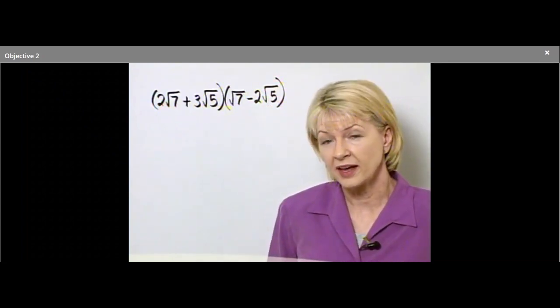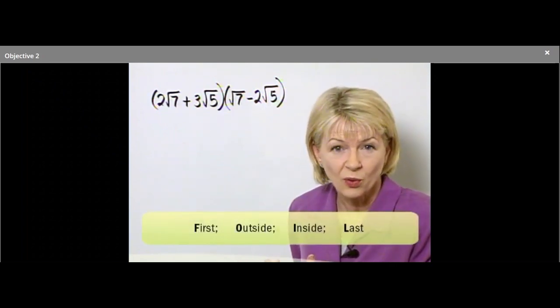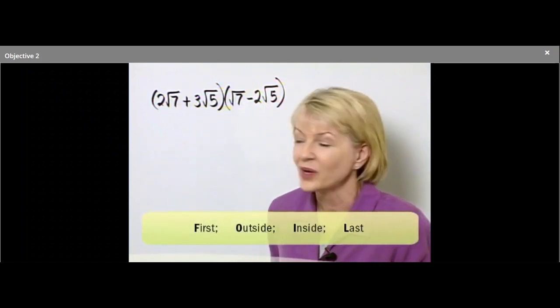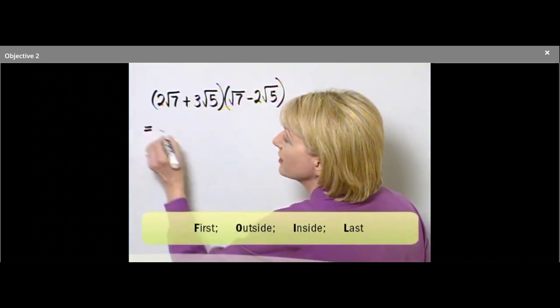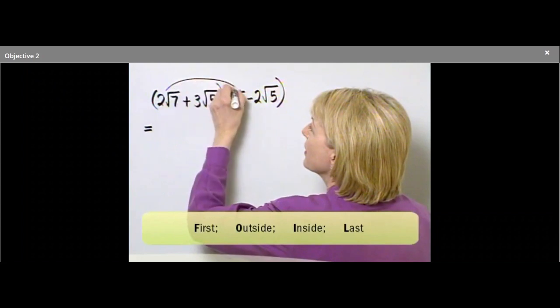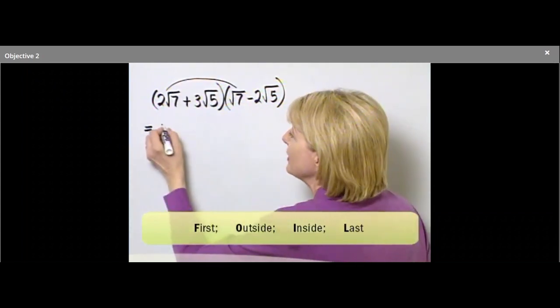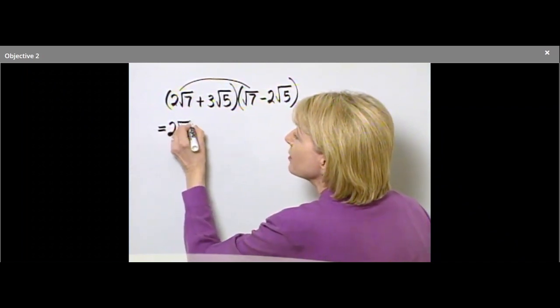Now, when multiplying two binomials, many times we use the FOIL order, and we can use the FOIL order here. So the FOIL order is first times first, I have 2 square root of 7 times square root of 7. And if you'd like, I can write that down.